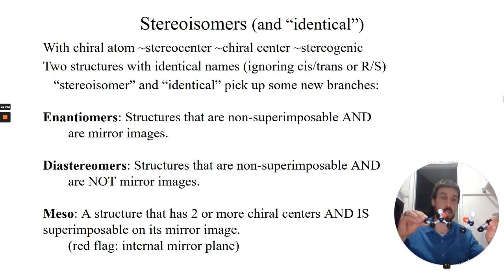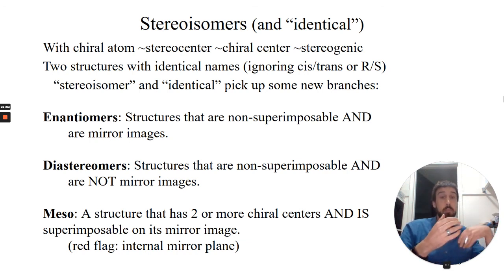Okay, so they're mirror images. The relationship between these two guys is enantiomers. Okay, that's what they are. Okay, thalidomide, the two forms of thalidomide, they're enantiomers.